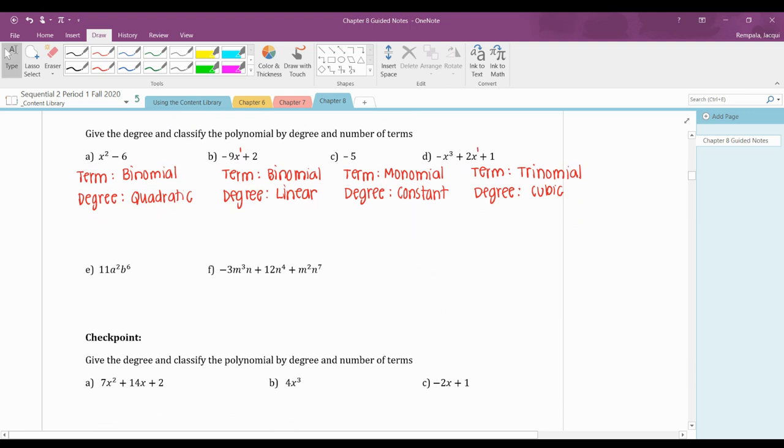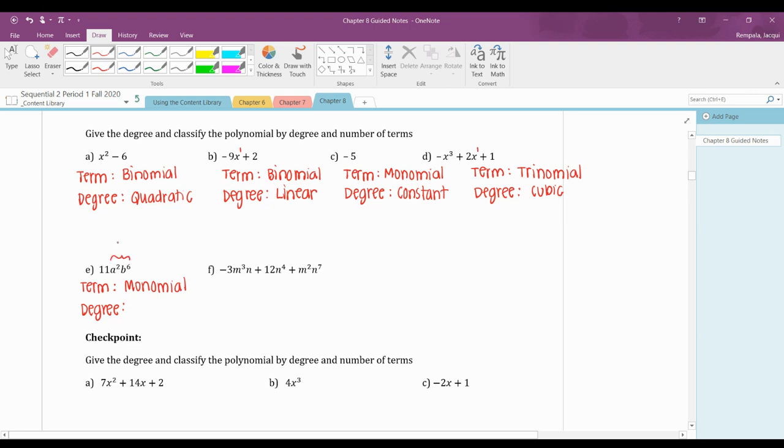If I look then at part E, where I have 11a squared b to the 6th. So notice that I do not see any addition or subtraction signs, and so if that's the case, there's one term here, so this would be a monomial. And then because I see that there's an a and there's a b, so there's more than one exponent, because it's one term, I'm going to add those numbers together.